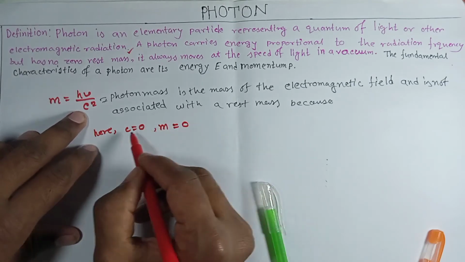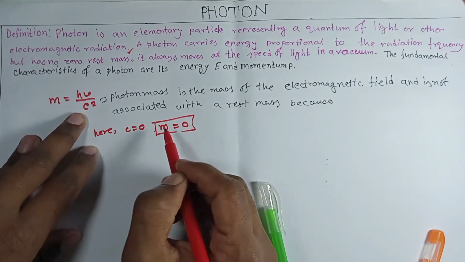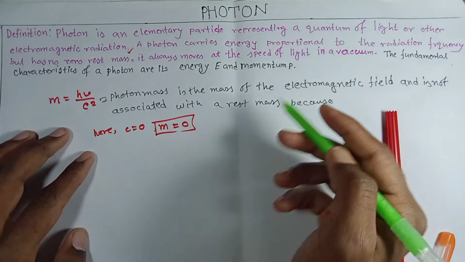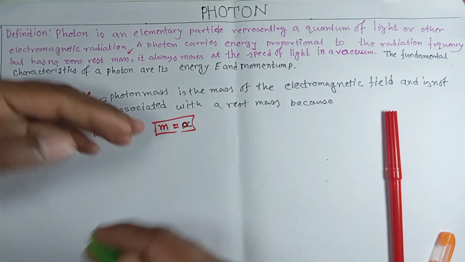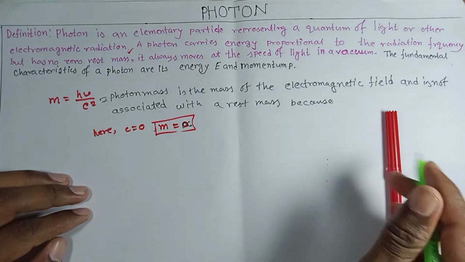M equals 0 or infinity, we say that. M equals infinity does not exist in nature.